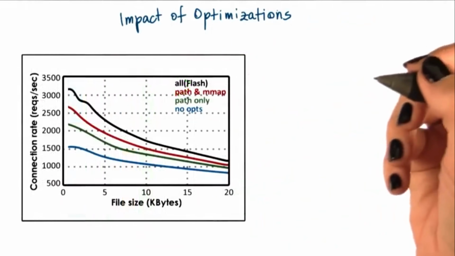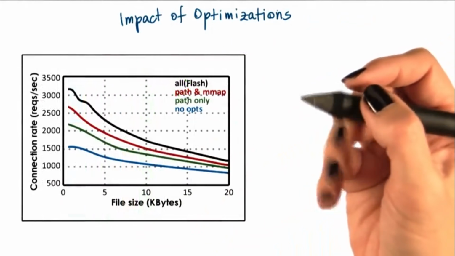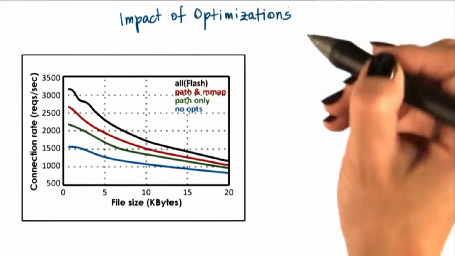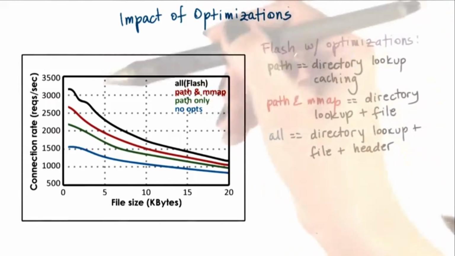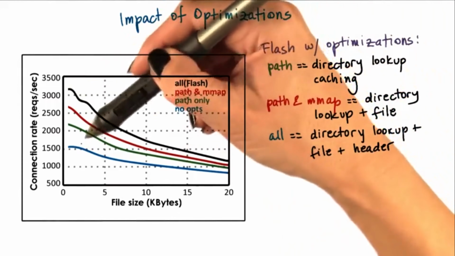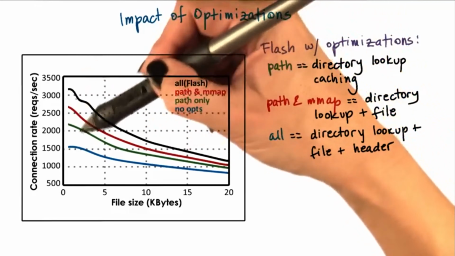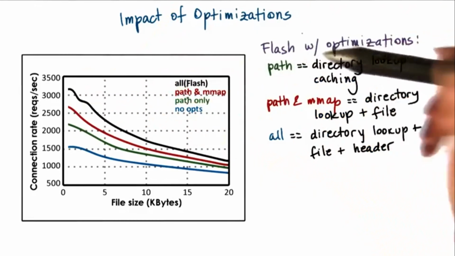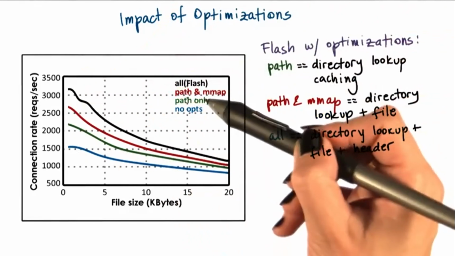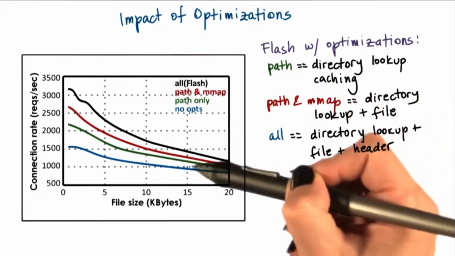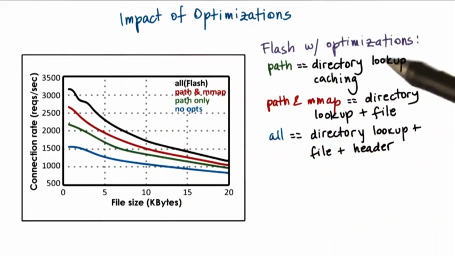In both of those cases, Apache performed worse, so let's try to understand if there's really an impact of the optimizations performed in Flash. And here the results represent the different optimizations, the performance that's gathered with Flash without any optimizations, that's the bottom line, then Flash with the path-only optimization, so the path-only, that's the directory lookup caching, so that's like the computation caching part.